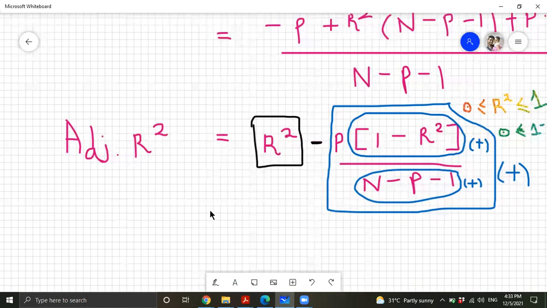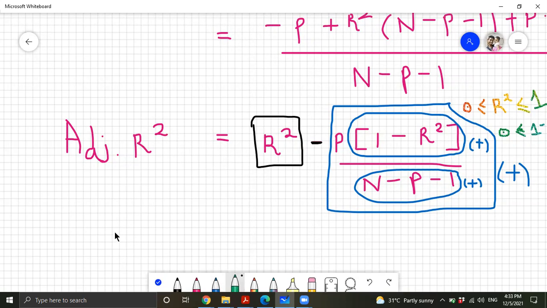So from that, what can you say? We are subtracting a positive term from the R squared and getting the adjusted R square. That means adjusted R square is less than or equal to R square.